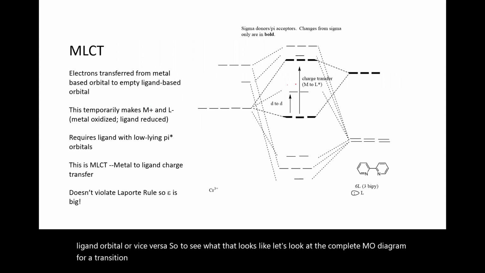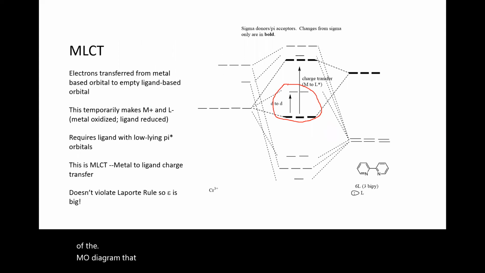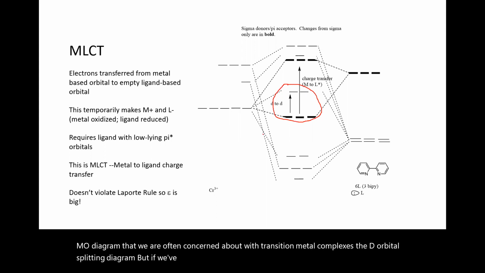So we can see that right here is the usual simplified part of the MO diagram that we're often concerned about with transition metal complexes, the d orbital splitting diagram. But if we've got an octahedral complex, we have bonding orbitals down below, and then anti-bonding orbitals above.